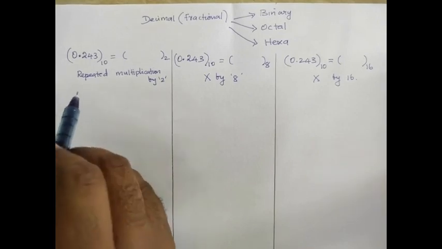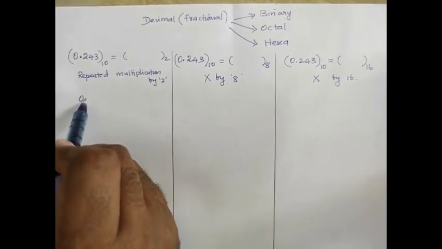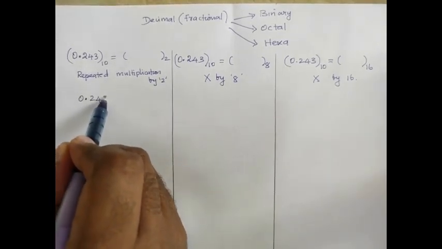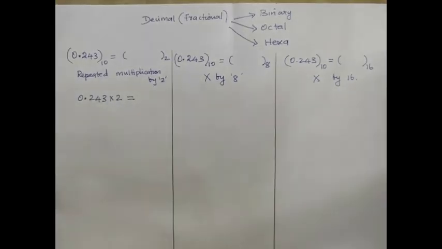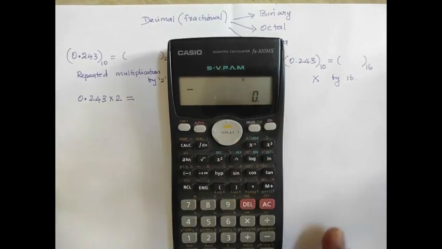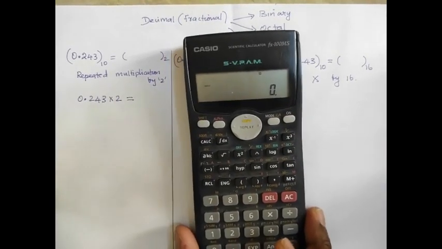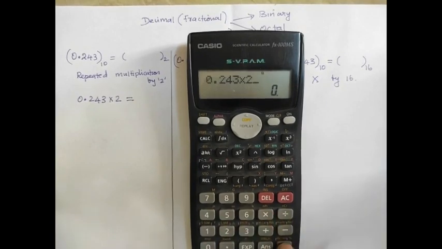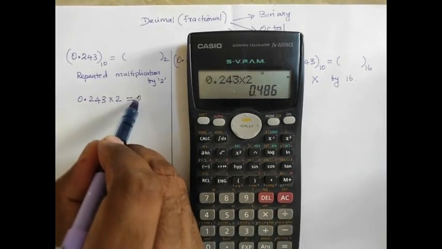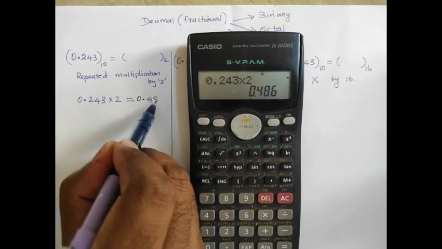So we will multiply first 0.243 by 2. What is the value? You just use your calculator and find the value. 0.243 multiplied by 2, you will get 0.486.